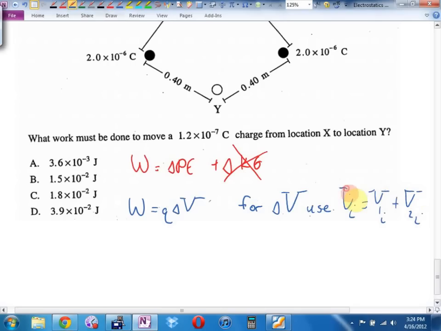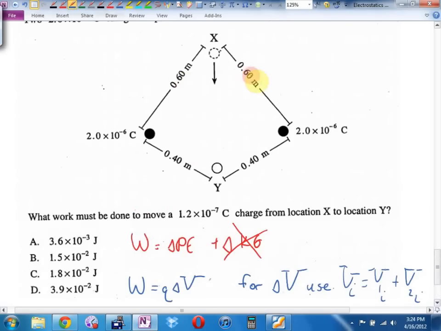In fact, are these two distances the same, Spence? Are these two charges the same? Find the voltage from one and double it. Final minus initial times the charge that you're moving. That's probably the easiest way to get there.